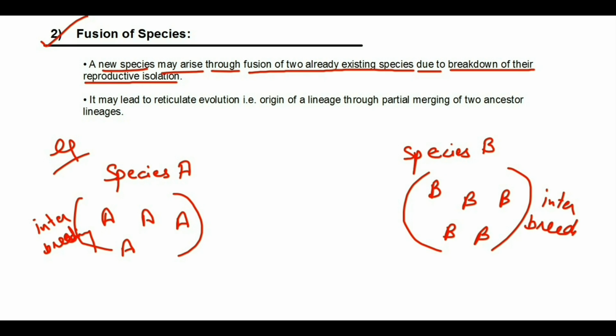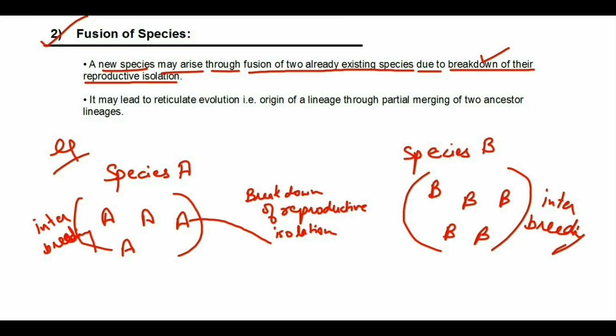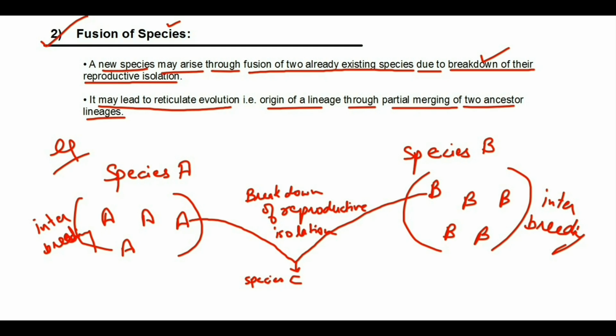But due to some reason, there is a breakdown of the reproductive isolation of the individuals of species A and species B. It is not necessary for all, but some individuals of species A and some individuals of species B will reproduce and cause formation of species C. So this is how fusion of species occurs, and it may lead to reticulate evolution.